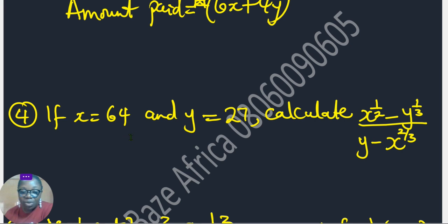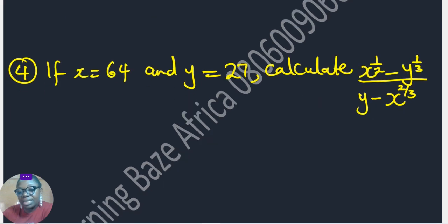If x equals 64 and y equals 27, calculate x raised to power half minus y raised to power 1/3, all divided by y minus x raised to power 2/3. Now we've been given the value of x and the value of y, so we have to evaluate this.